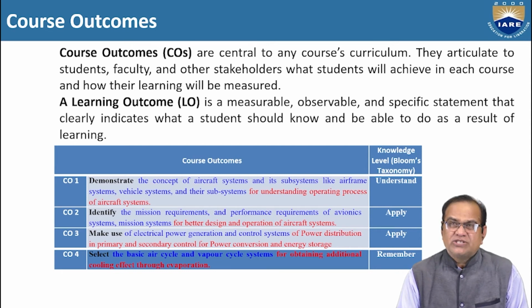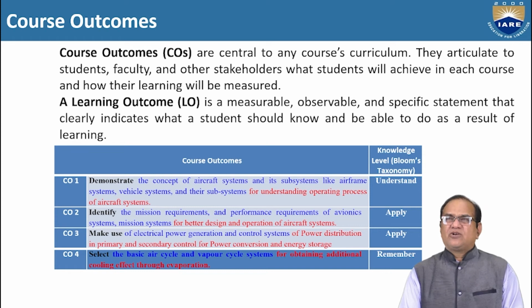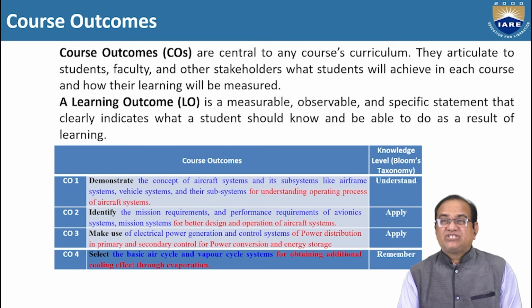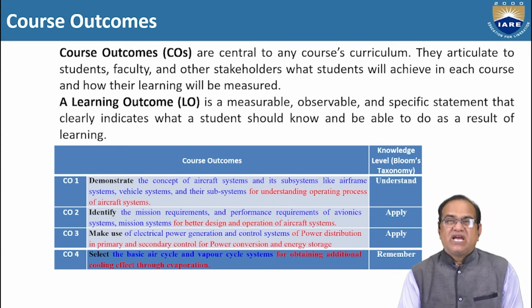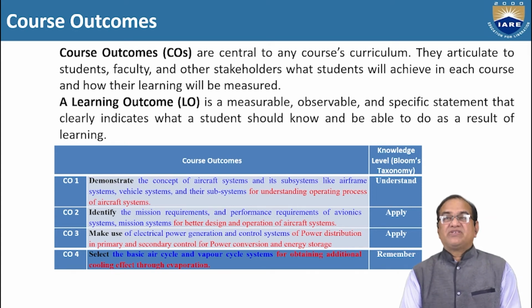So course outcomes are central to any course curriculum. They articulate to students, faculty and other stakeholders what students will achieve in each course and how their learning will be measured.